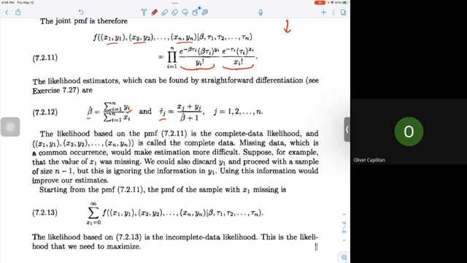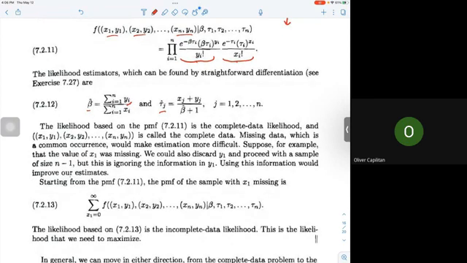So kung meron tayong missing data, which is actually a common occurrence, would make estimation more difficult. Suppose, for example, the value of x sub 1 was missing. We could also discard y sub 1. Pwede natin discard ng y sub 1 and proceed with a sample of size n minus 1. Sabihin natin na complete siya.